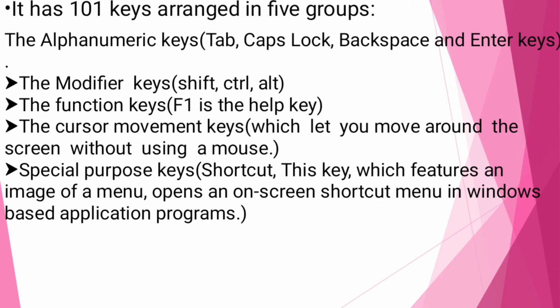Next one is cursor movement keys. The fifth part of the keyboard is the set of cursor movement keys, which let you move around the screen without using a mouse. In many programs and operating systems, a mark on the screen indicates where the characters you type will be entered.